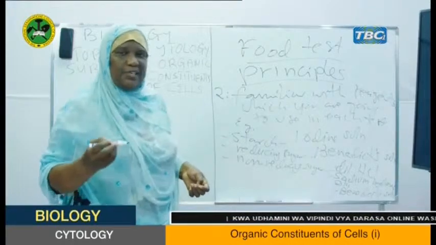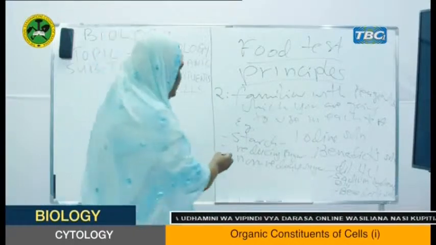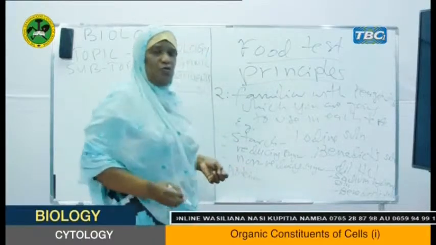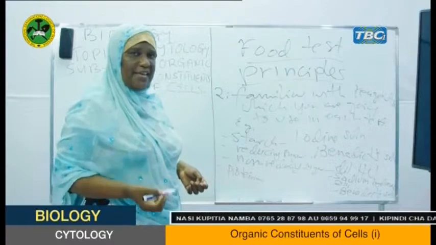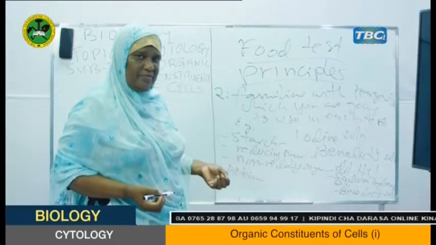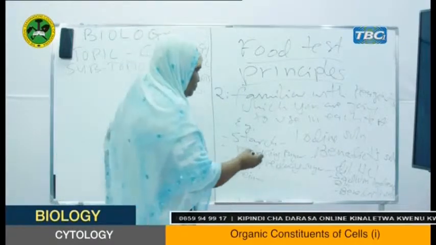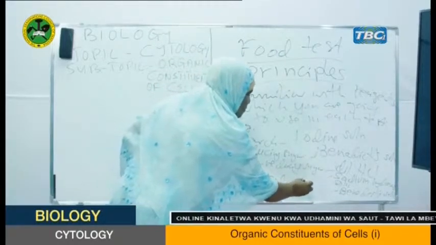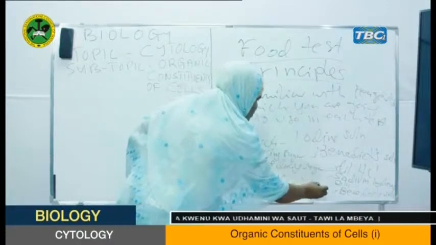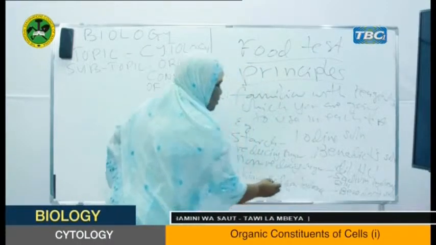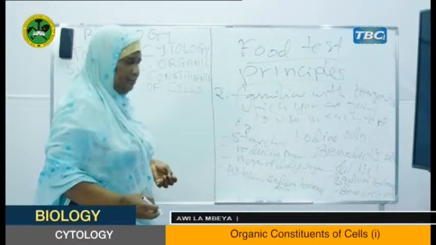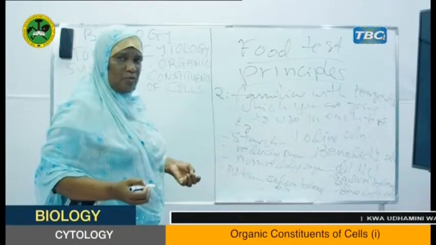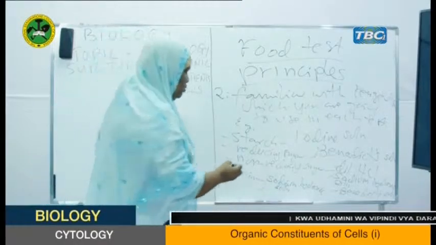And if you want to test the presence of proteins, you should also know the reagents which are needed there. For example, sodium hydroxide solution. You also need copper 2 sulfate solution.